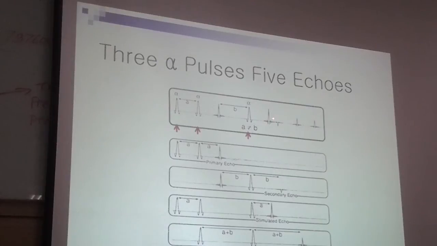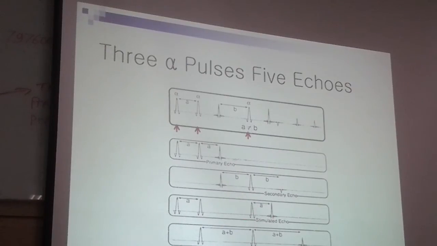And this echo comes from the stimulated echo by the combination of three RF pulses, because the time between the first and the second RF pulse is A, and the time interval between the third pulse and this echo peak is A. So we infer that this echo is a stimulated echo from the three RF pulses.